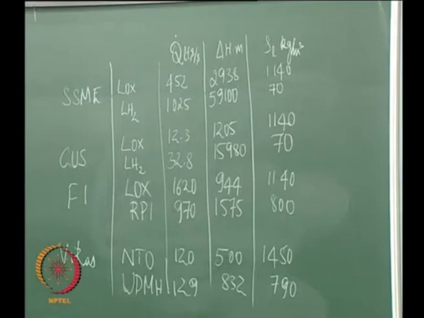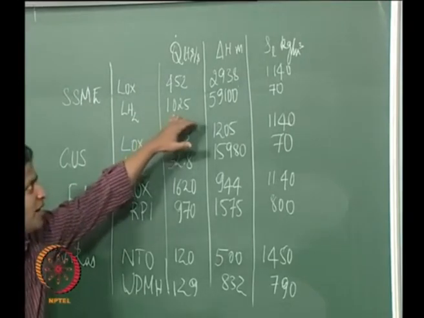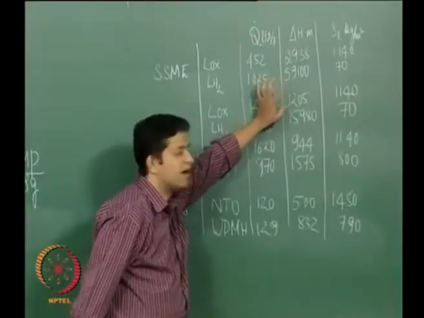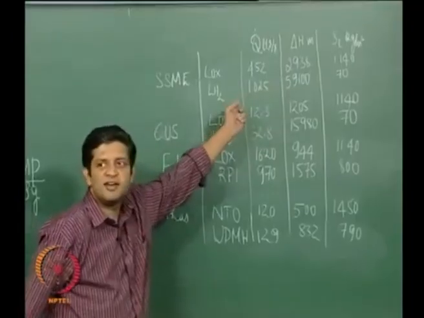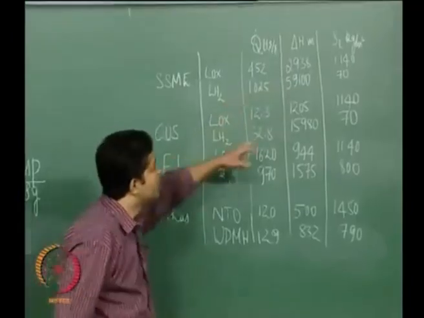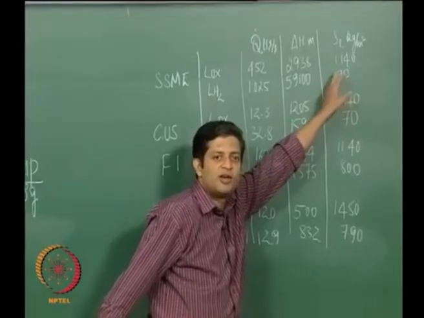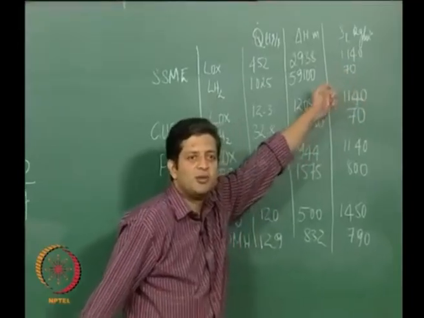Now, if you look at this table, the flow rate and head of liquid hydrogen are very, very high, simply because if you look at the density of liquid hydrogen, it has a very, very low density of 70 kg per meter cube.